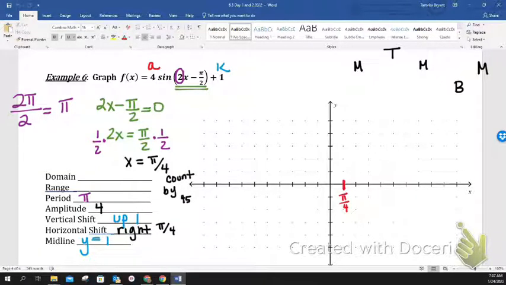And then it ends 180 degrees later. So that's only 4 hops. So 4 hops from this point is the end. So if I count 4 hops, 1, 2, 3, 4, that is my end. So my entire wave is a lot shorter.